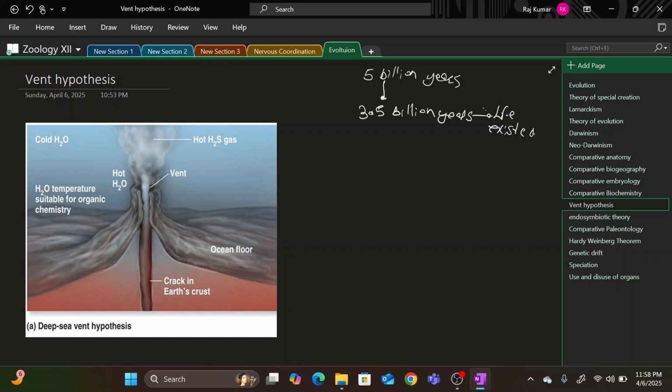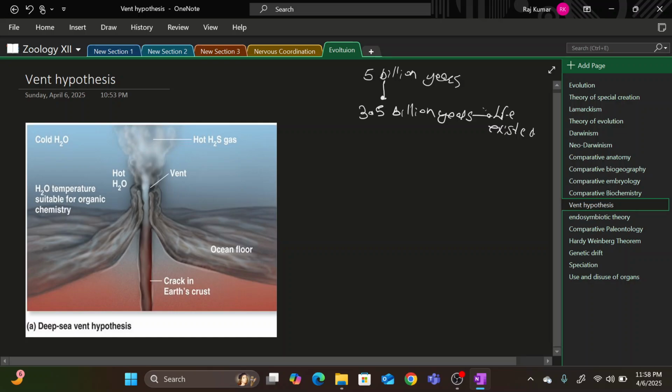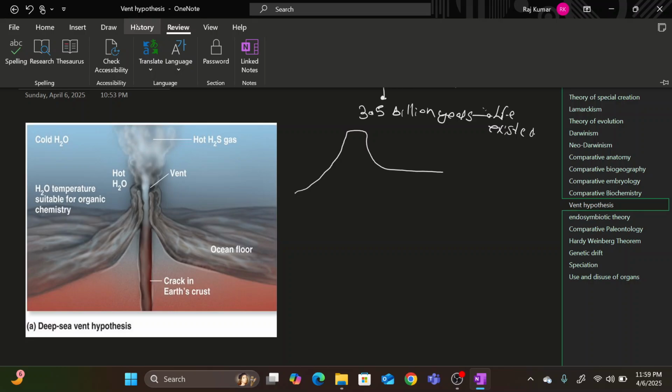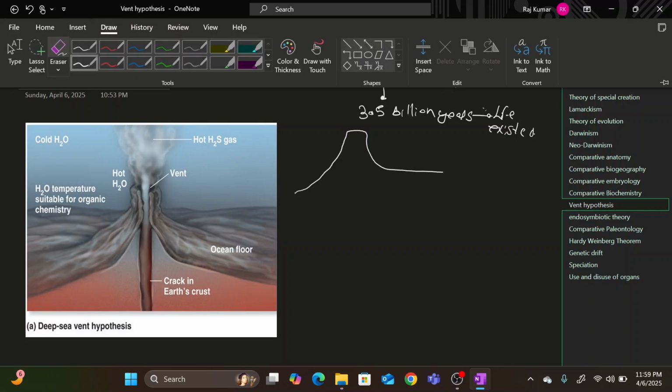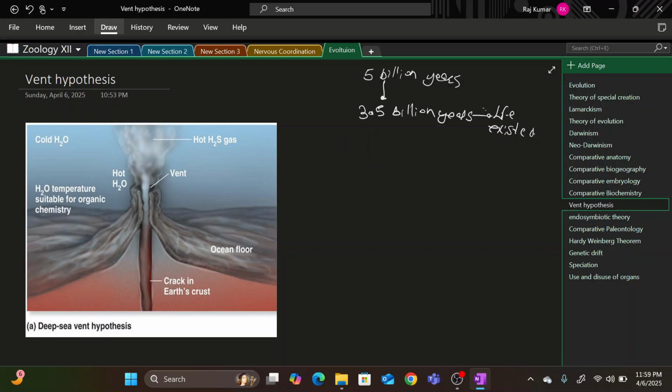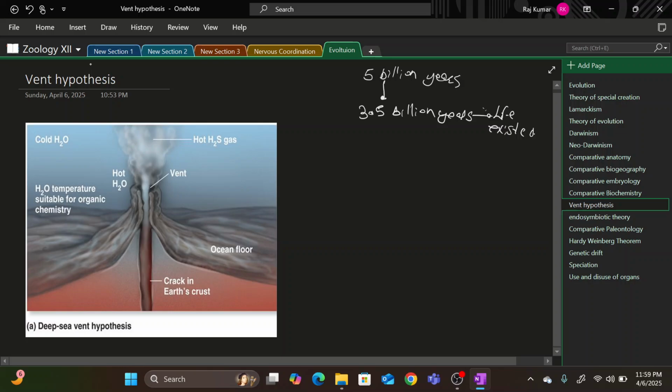Instead, the entire Earth was full of water, an aquatic environment, and there were several fountain-like structures in the water, named hydrothermal vents.